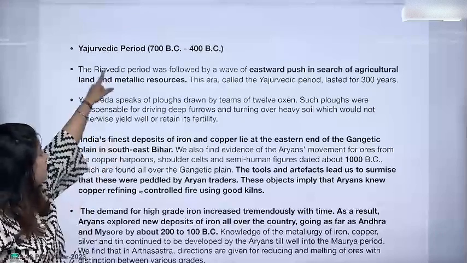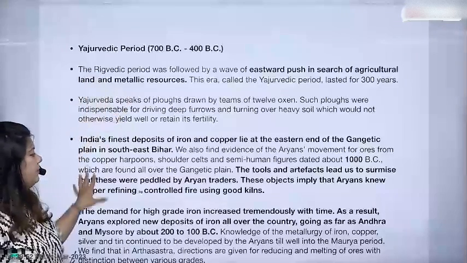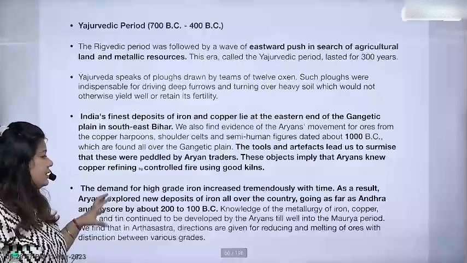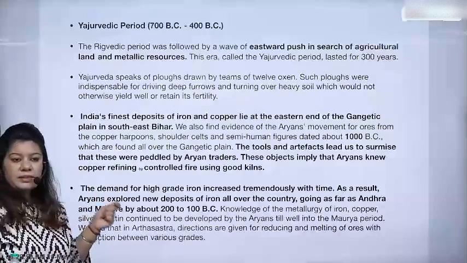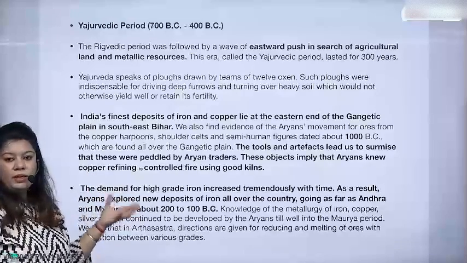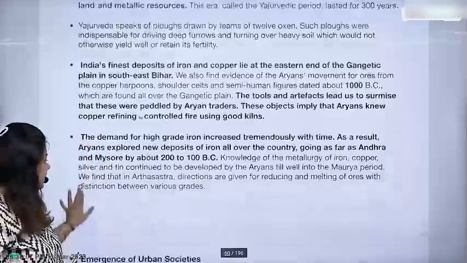India's finest deposits of iron were finally found during this phase in southeast Bihar, right? And this finest iron discovery of high grade could result in the Indo-Aryans cutting forests, okay?